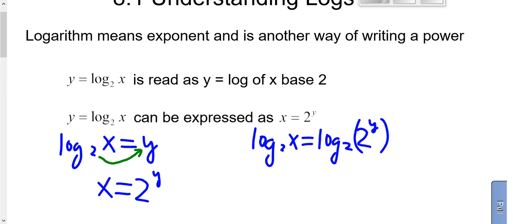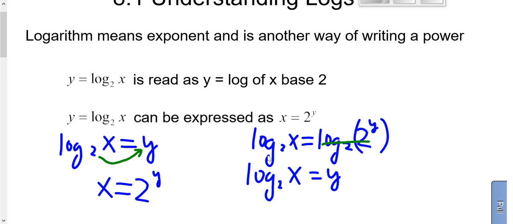We take the logarithm on both sides, so this is mathematically legit. Remember the technique I taught you guys: base 2 of the log and base 2 of the exponent cancel out. So that gives you y on this side, and on the other side there's nothing you can do with log base 2 of x. So look at this, isn't this this?